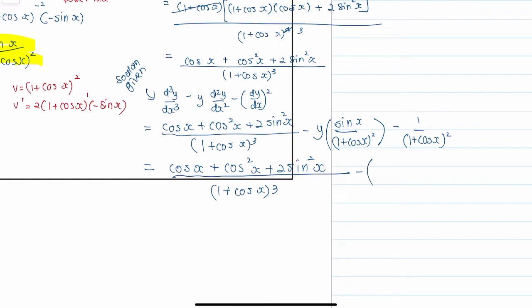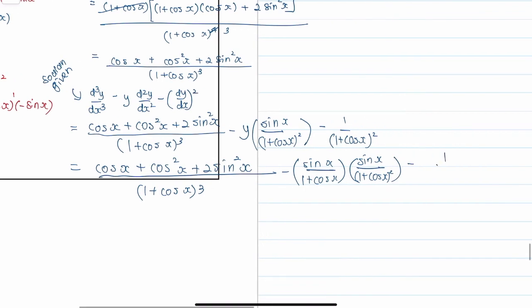So, masukkan Y. Y daripada soalan lah. Sin X over 1 plus cos X, sin X. Dia sekarang ni masuk je semuanya yang kita ada. Square minus 1 over 1 plus cos X square. Okay, lepas tu cos, kita akan jadikan semuanya, kita akan ikut denominator semuanya.